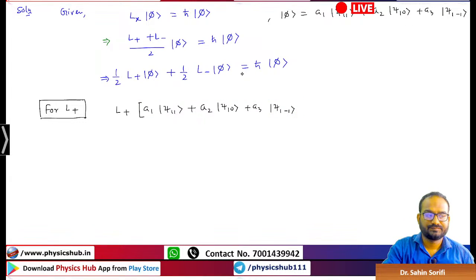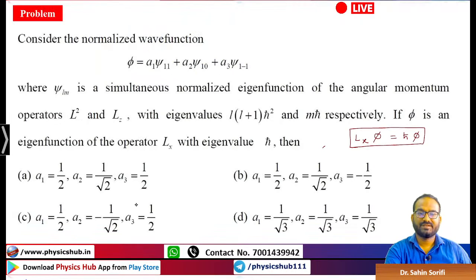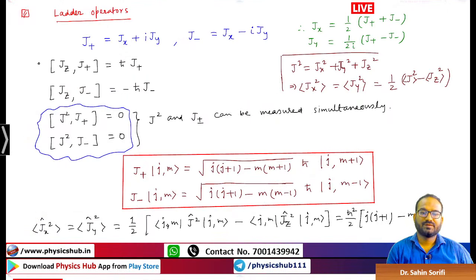Look, L plus operating on psi 1 1. How does L plus behave? L plus operating on |l m⟩ gives square root of l into l plus 1 minus m into m plus 1 ħ, |l m plus 1⟩. So if you have psi 1 1, l equals 1, m equals 1, so this will become 0, right?